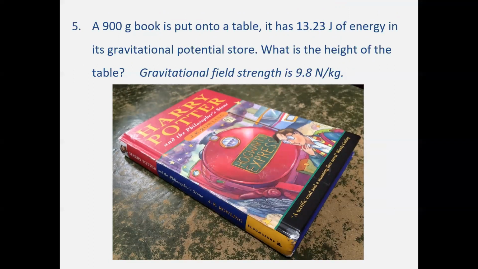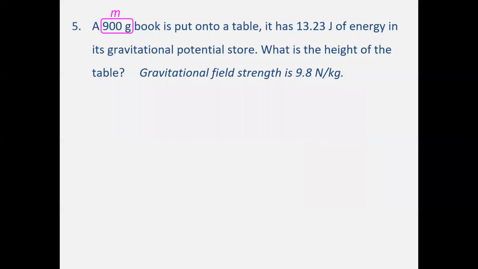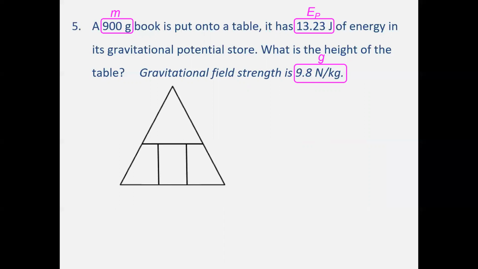You've got 900 grams there. Remember, you have to use kilograms. So 900 grams is your mass, 13.23 joules is your gravitational potential energy. The height is what you're trying to find out, and the gravitational field strength is 9.8 newtons per kilogram.